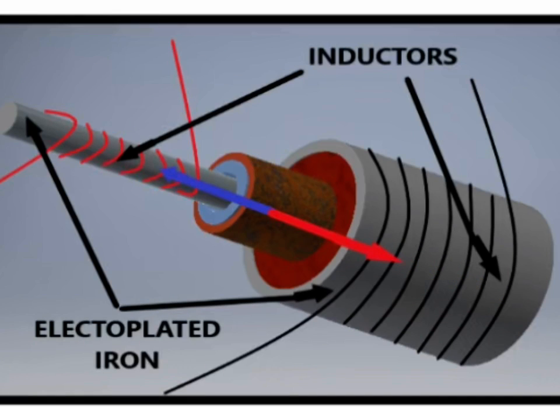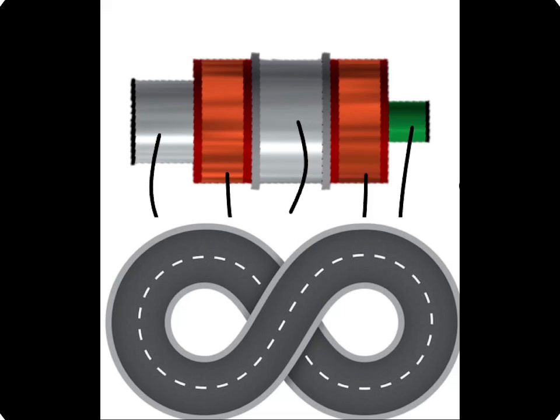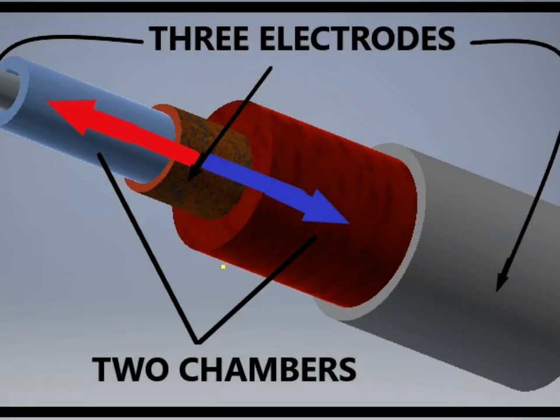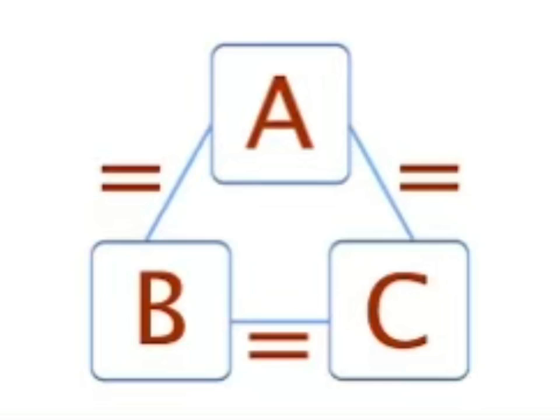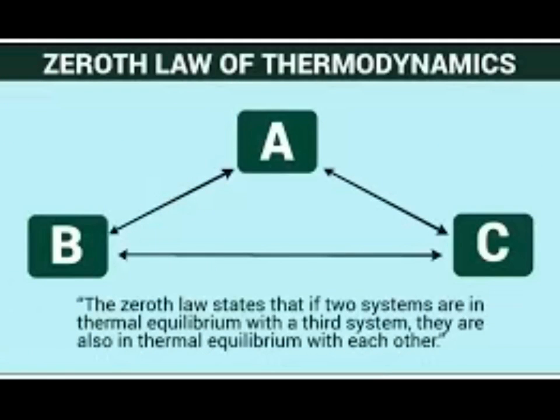So inducting coils send oscillating signals inside and out of the individual anode, and we're basically moving potential from one side to another. Now, the 3 electrodes essentially are the 3 bodies in the law of thermodynamics, and this basically says that 3 energies share between each other and essentially will reach an equilibrium between them.